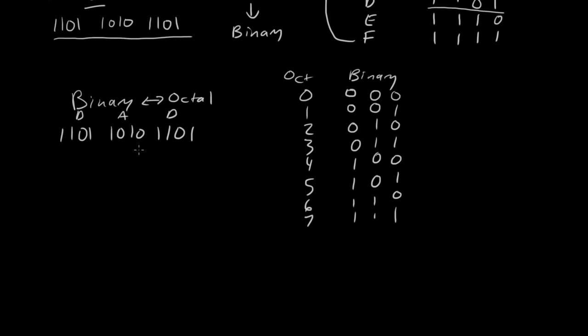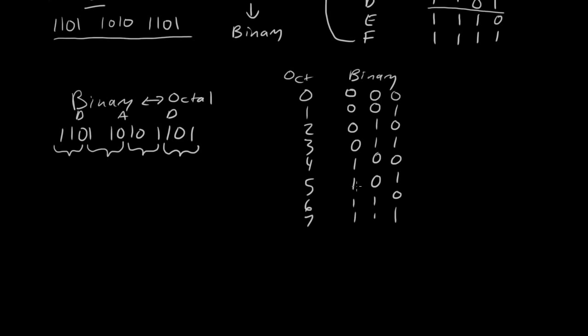Now, if I want to convert this to octal, I look at this in groups of 3, not in groups of 4. In this case we happen to have just the right number of bits, but if not, I'd have to fill it with 0, like we had before. So instead of looking at 4 bits, we're looking at 3 bits.